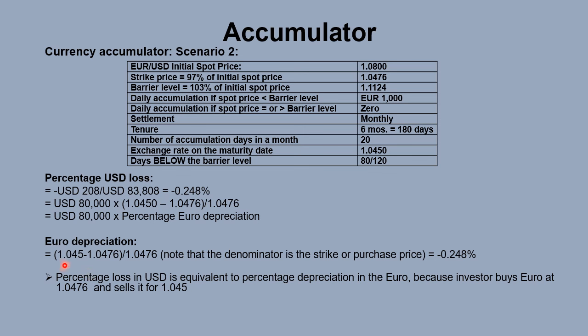This is because the depreciation of the euro is 1.045 minus 1.0476 divided by 1.0476. Note that the denominator is the strike price or the purchase price. This comes to minus 0.248%. The percentage loss in USD terms is equivalent to the percentage depreciation in the euro, because you buy euro at 1.0476 and sell it for 1.045.